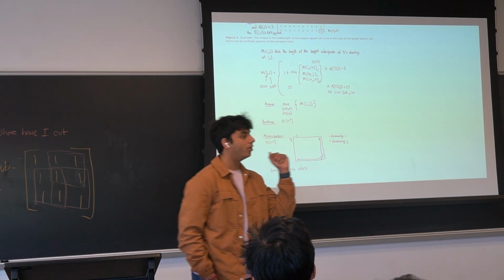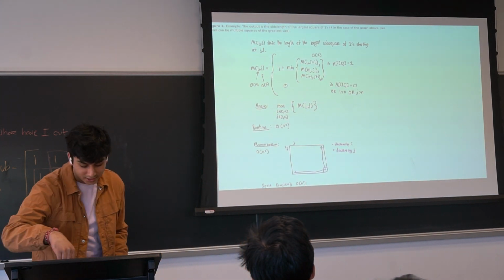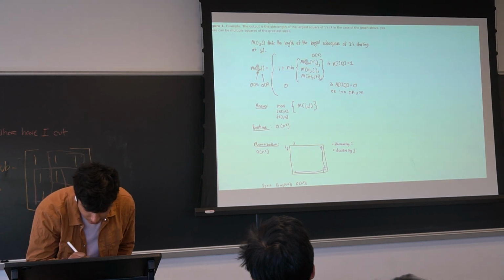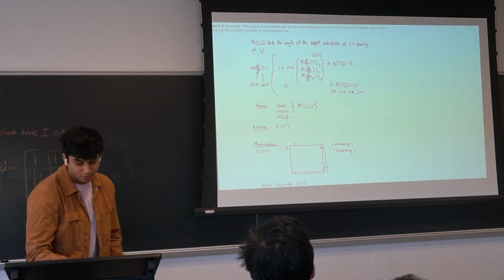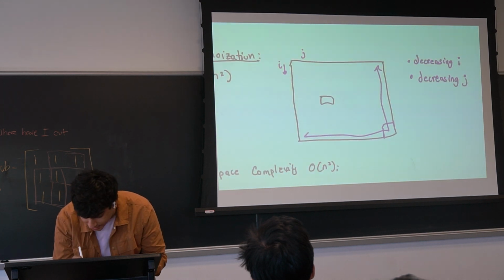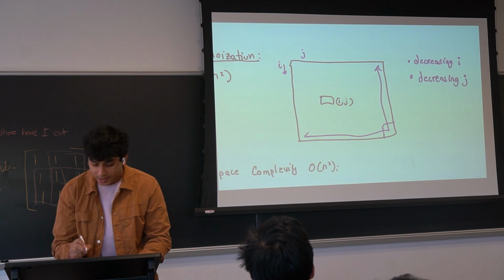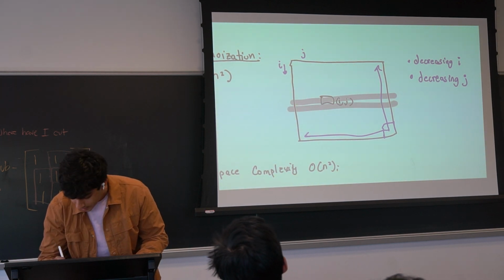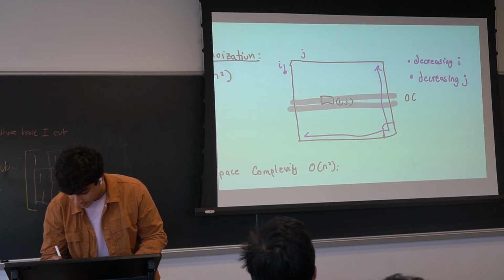So I need the current row that I'm memoizing. Let's fix just i. i depends on just i or i plus 1. So for a fixed value of ij, let's take this value of ij, I only need to keep track of i, and row i plus 1. So that's order n space, or order 2n you could say.